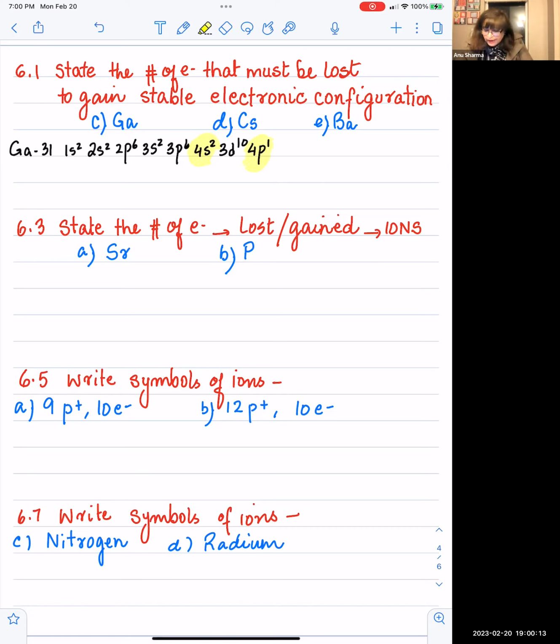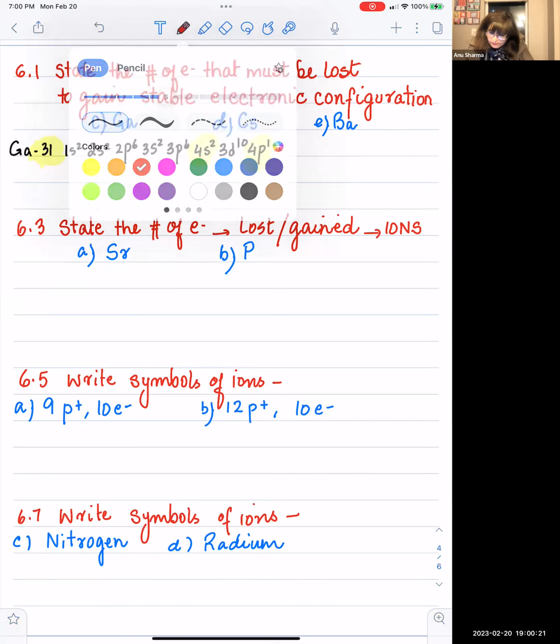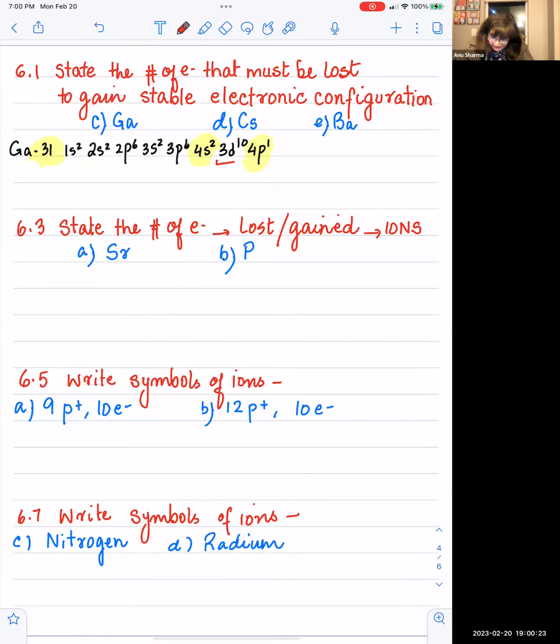When you look at the periodic table, you're basically looking at the atomic number. When it loses electrons, it gets a fulfilled 3d and is left with that. So the 2 electrons from 4s2 and the one from 4p1 are going to be gone.